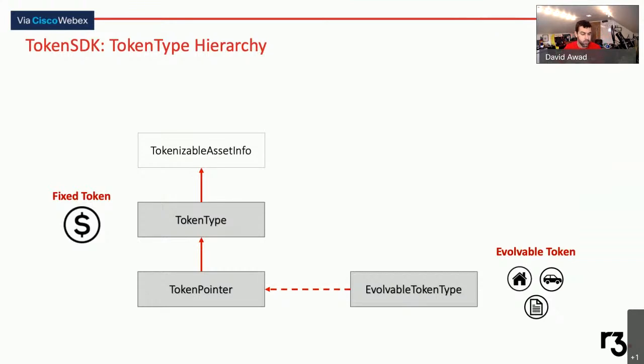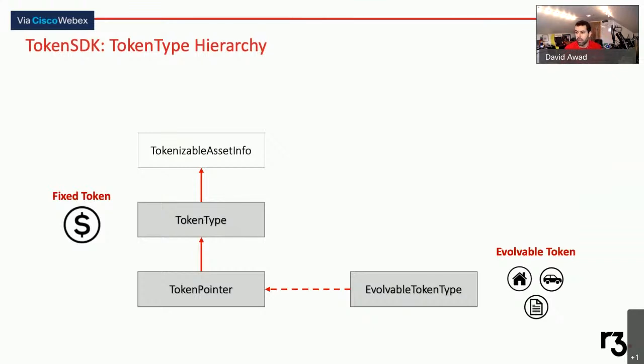So try to keep this concept in mind, that an evolvable token is something that changes with time, fixed tokens being fixed, and within any evolvable token type state you can define yourself, at any time you can create a token pointer that can then be used to produce a token type that you can use all of the convenient subflows that we provide for you on.